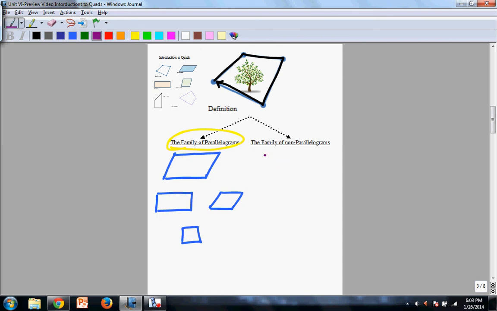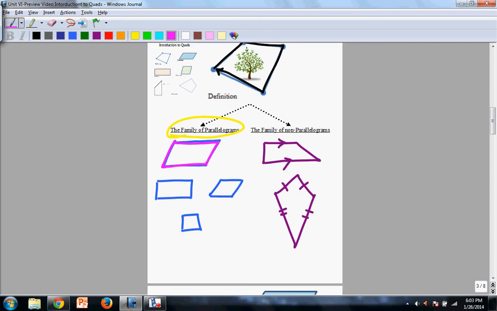Non-parallelograms would be like the trapezoid, where you have only one set of parallel sides, and the kite. Those are the non-parallelogram side of the family. For the rest of the lesson, we're going to stay focused specifically on the singular shape of a parallelogram.